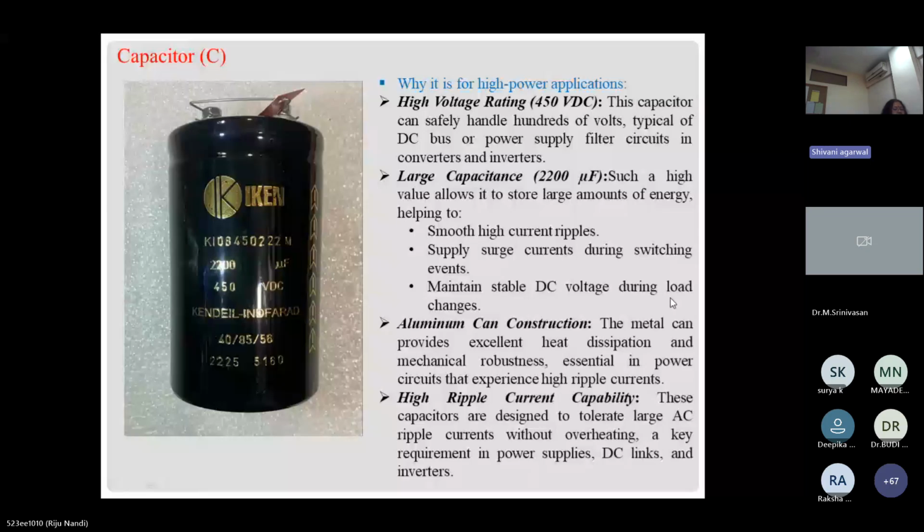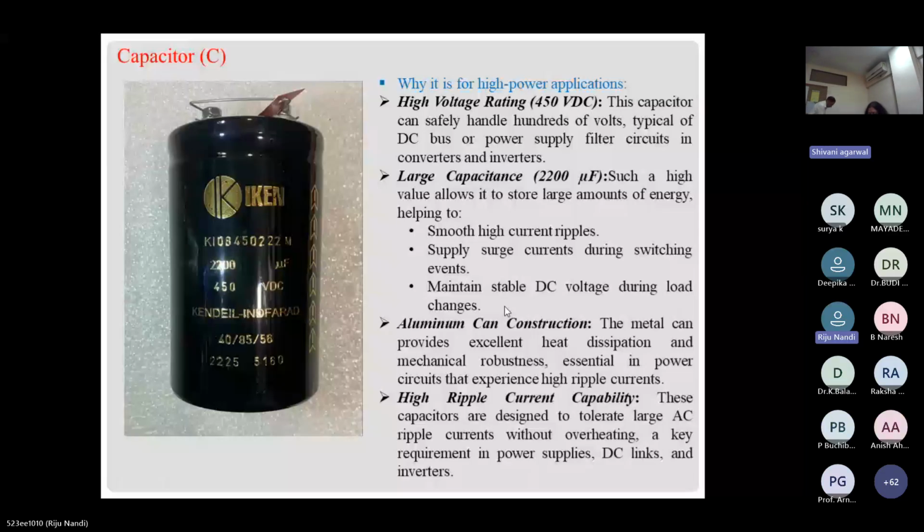We use the capacitor to reduce voltage ripple also. We have designed a DC microgrid, so we have to stabilize the DC microgrid voltage. That's why we are using a large capacitance value.